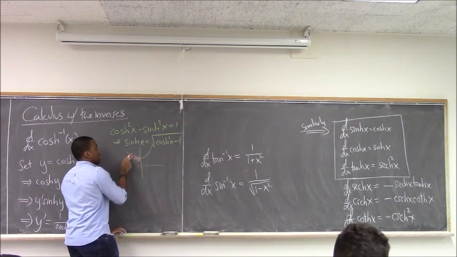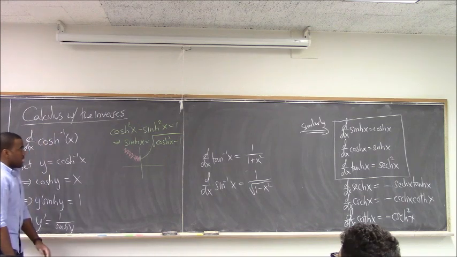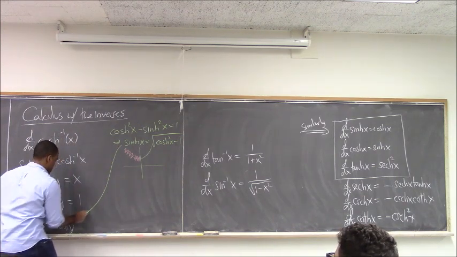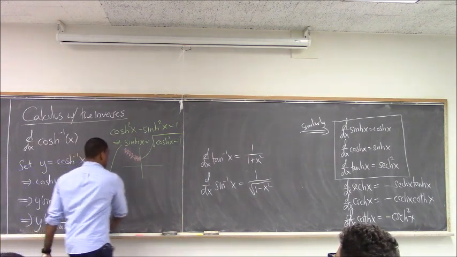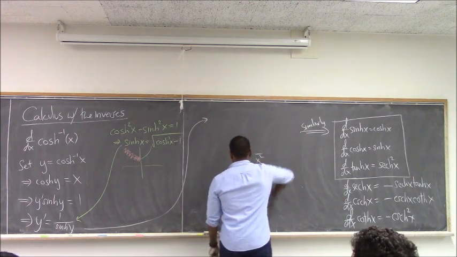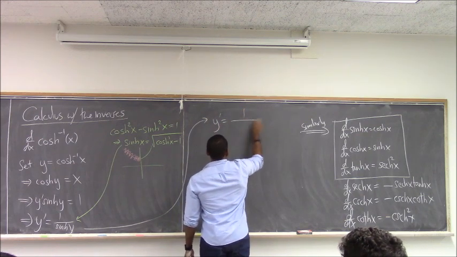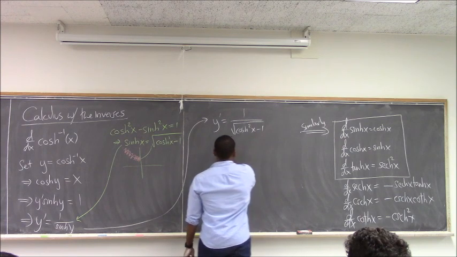So it's not plus or minus radical, it's just a positive radical. So I can take that and swap it in here, and what you're going to have is y prime is 1 over the radical of cosh squared minus 1.